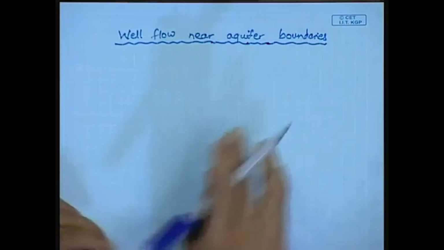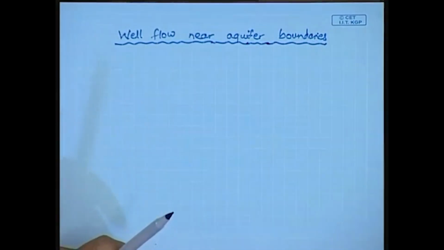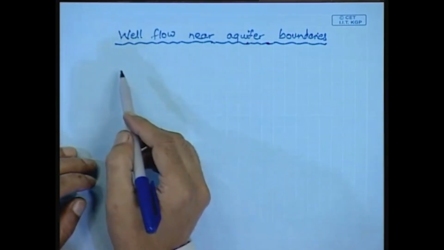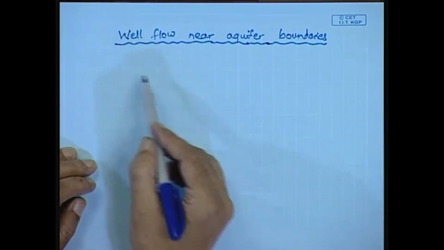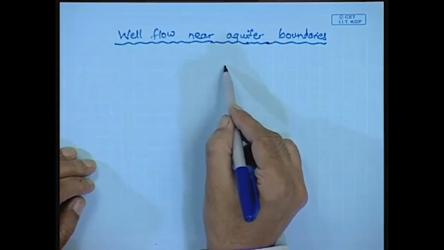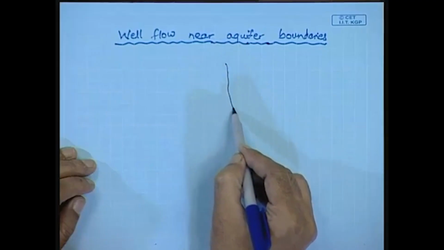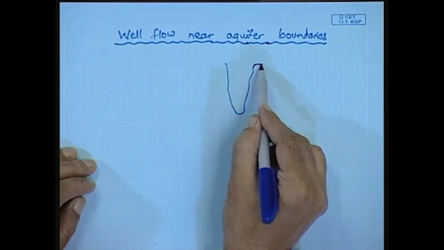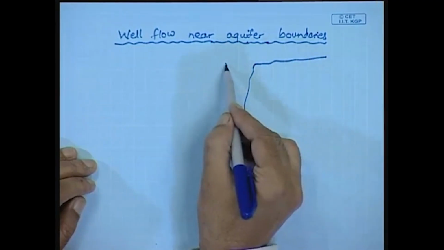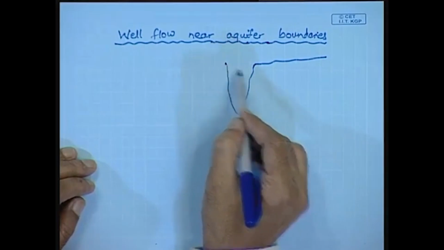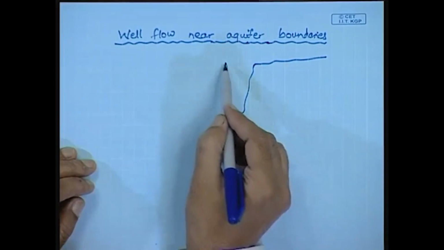Here let us start with the well flow near a stream. Let us consider a stream, and of course here I am exaggerating the depth of the stream.